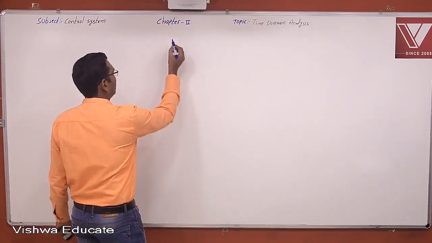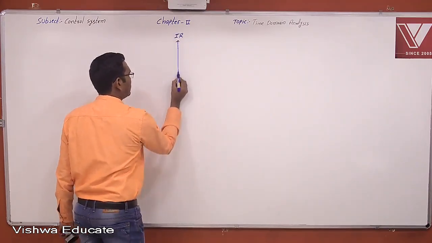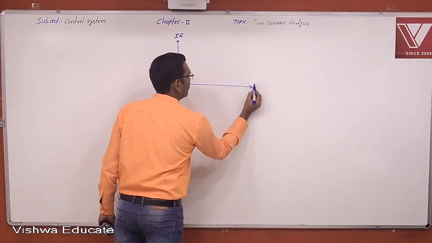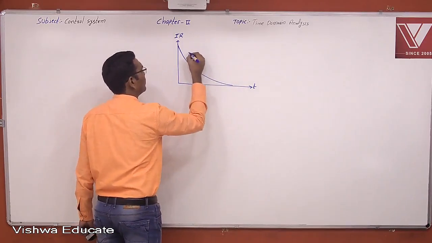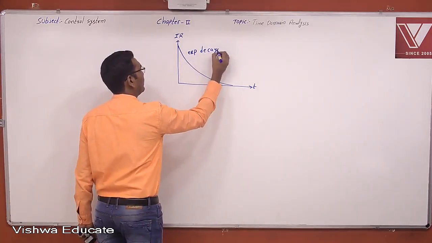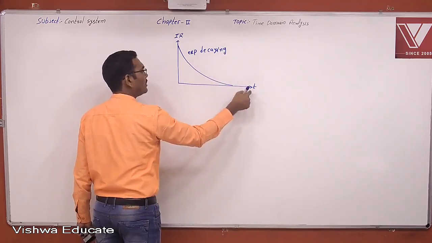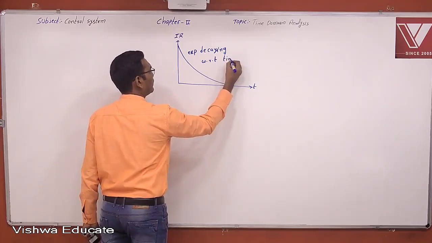Previously we took only the impulse response. This is the impulse response, which is exponentially decaying with respect to time.